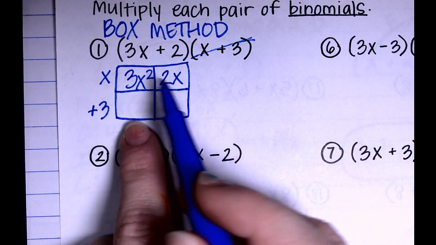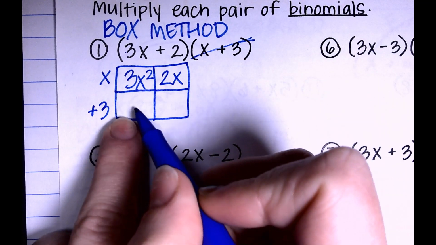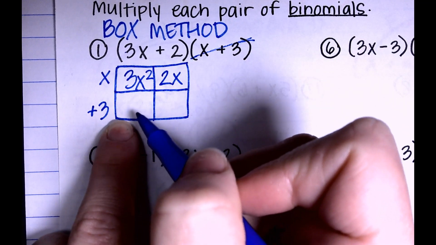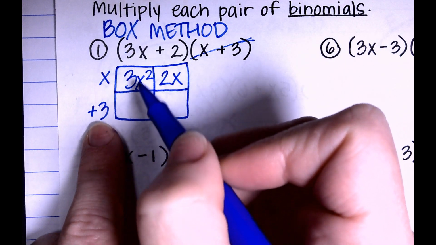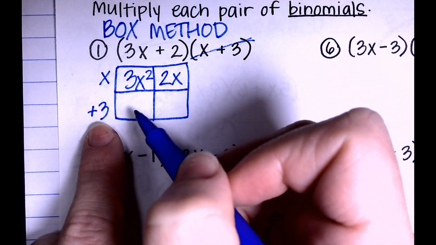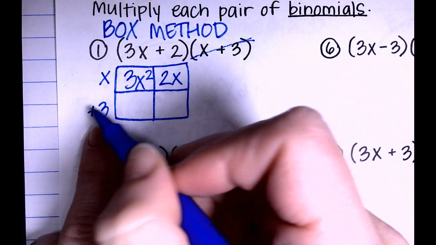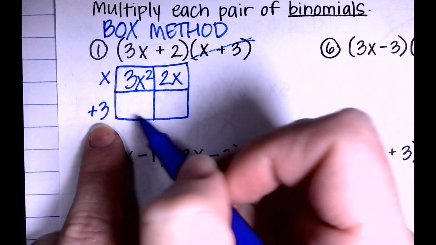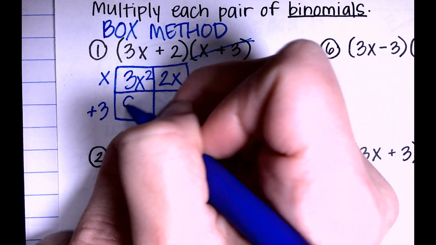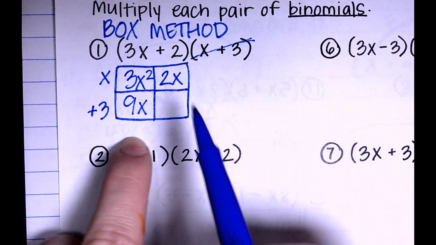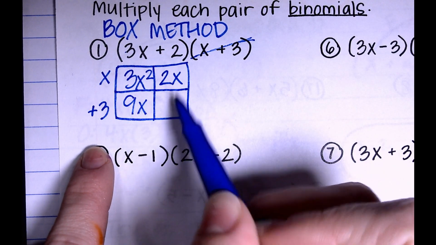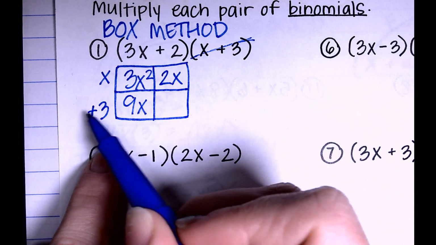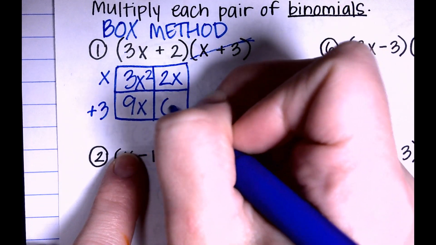So I have my first two boxes filled out. Now I go below and I'm multiplying 3 times 3x. What is 3 times 3x? 9x. Good. And last but not least, I'm multiplying 3 times 2. 6.